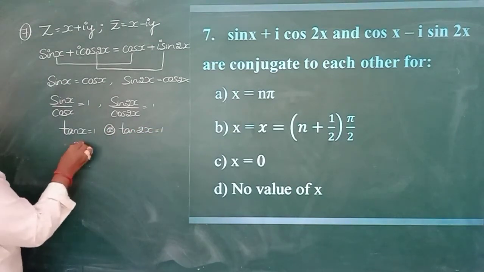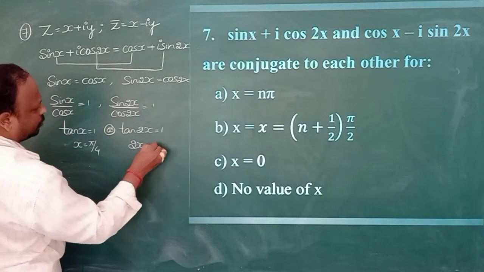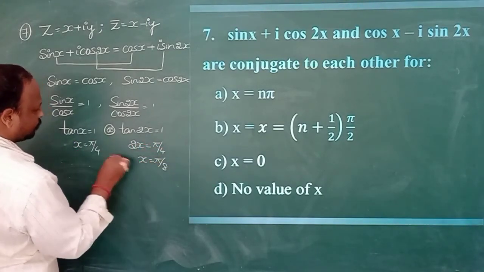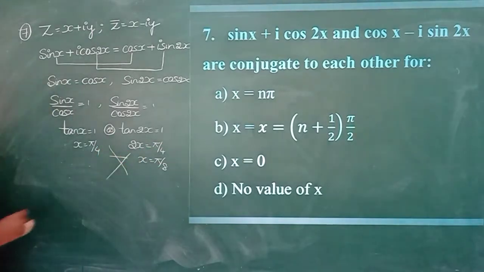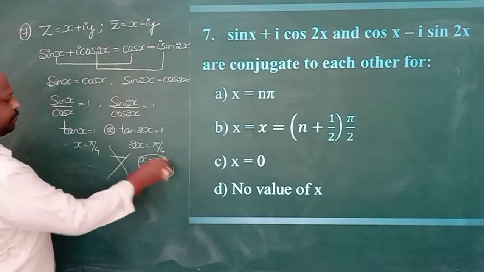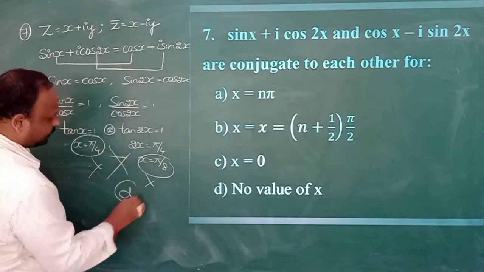So here x is equal to pi by 4 or 2x is equal to pi by 4, or x is equal to pi by 8. So we are getting two values, x is pi by 4 and x is pi by 8. So therefore this is not possible.